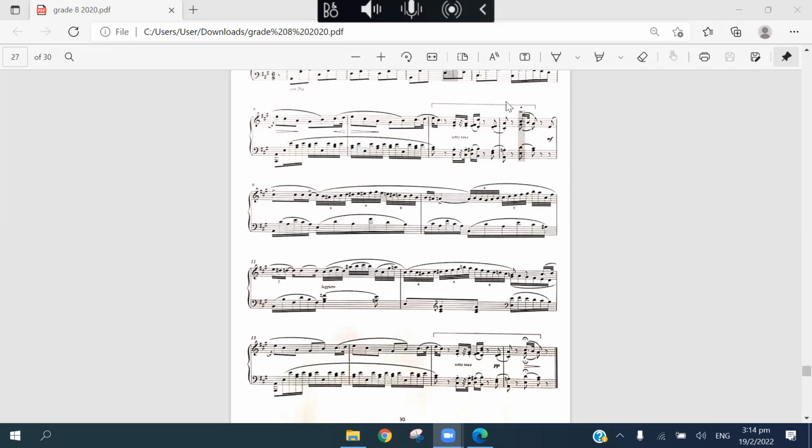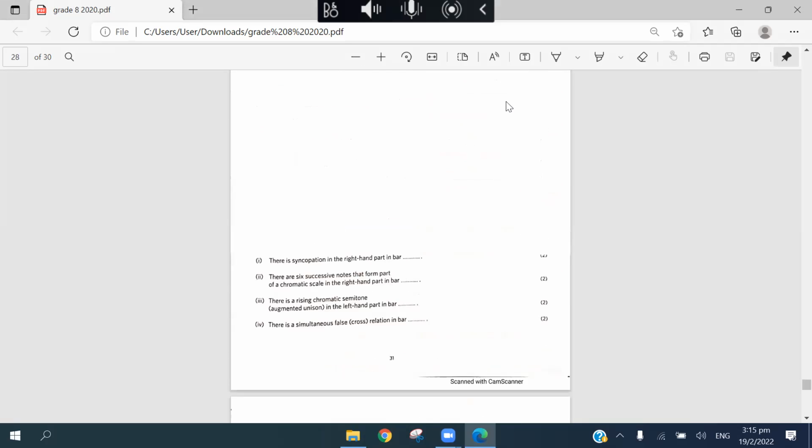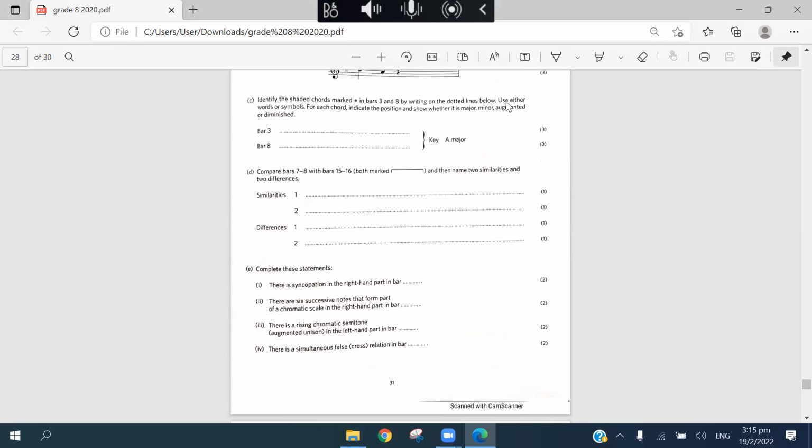So similarity 你可以写一个 word，比如说 dynamics 就句号了，或者是 articulation 就句号了。可是 difference 一定要写到很 detail，是讲 bar 17 to 18 有什么，then bar 15 to 16 没有什么。Even though 全部都是 1 分，可是 differences 就是要写多一点的。Okay, next one.